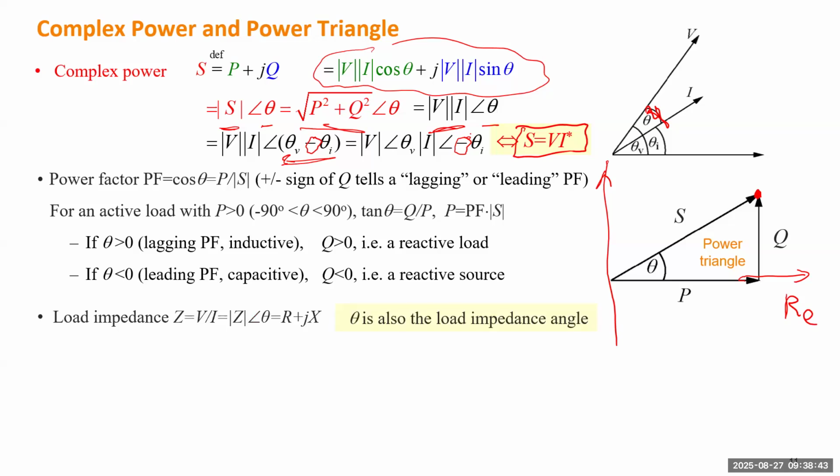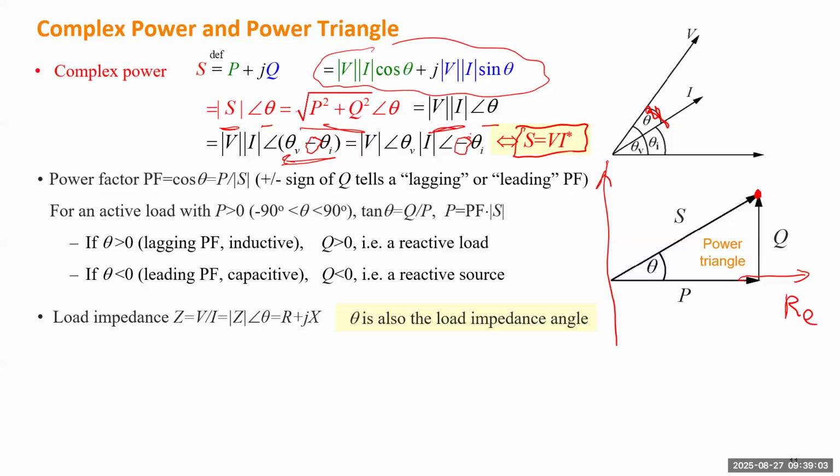Next, we can take a look at the impedance. Impedance is defined as the voltage phasor divided by the current phasor. So it has a real part and an imaginary part, and also an absolute value, and also theta.